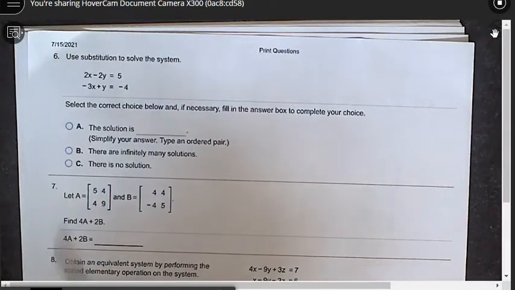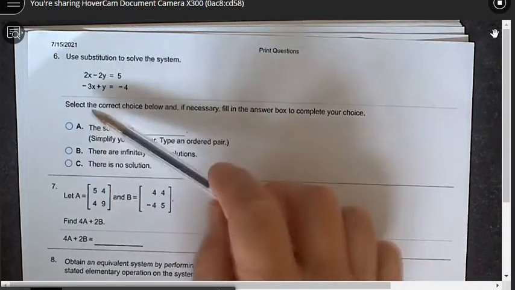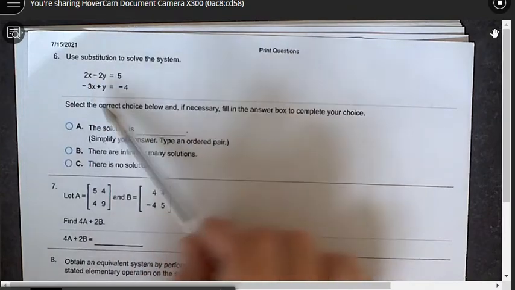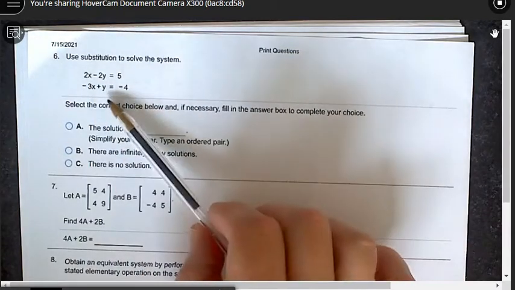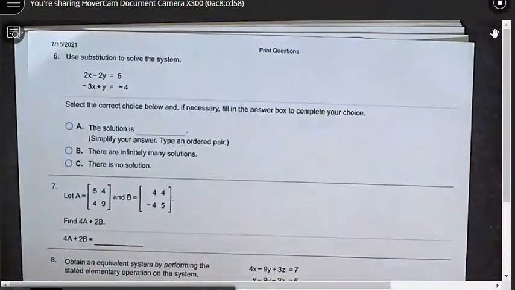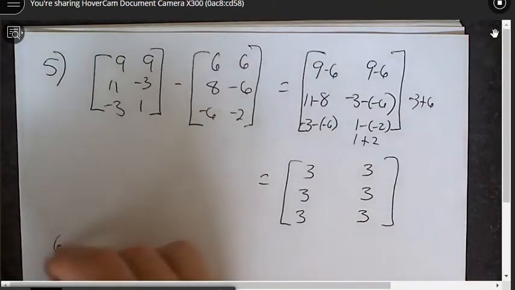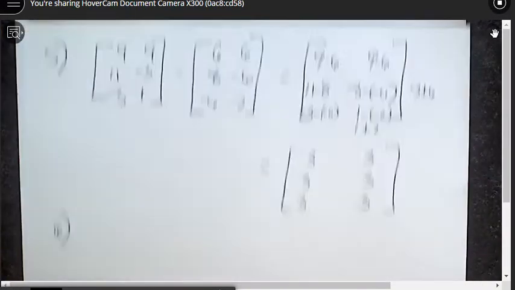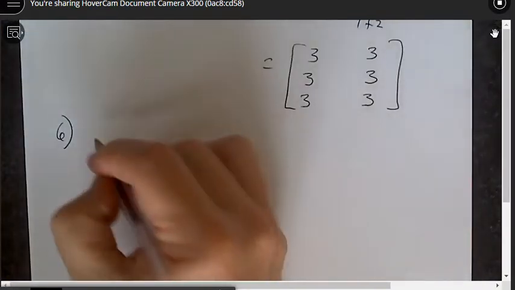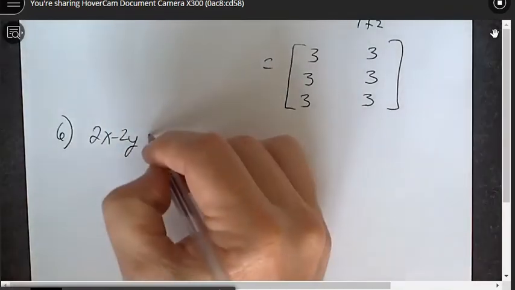And let me show you, because now you could solve this one for y quite easily and plug it back in, but anytime you've got these values, everything is lined up, and this one is just a y value, it's going to be really easy to solve this thing by elimination. So even though it says substitution, I'm going to go elimination just because to me, it's going to be easier. And if you want me to show you the substitution, I'll show you that one real quick.